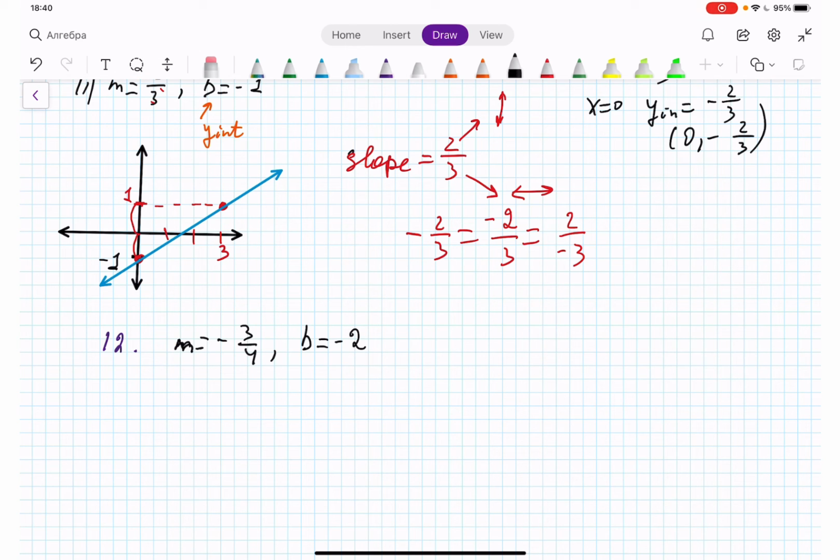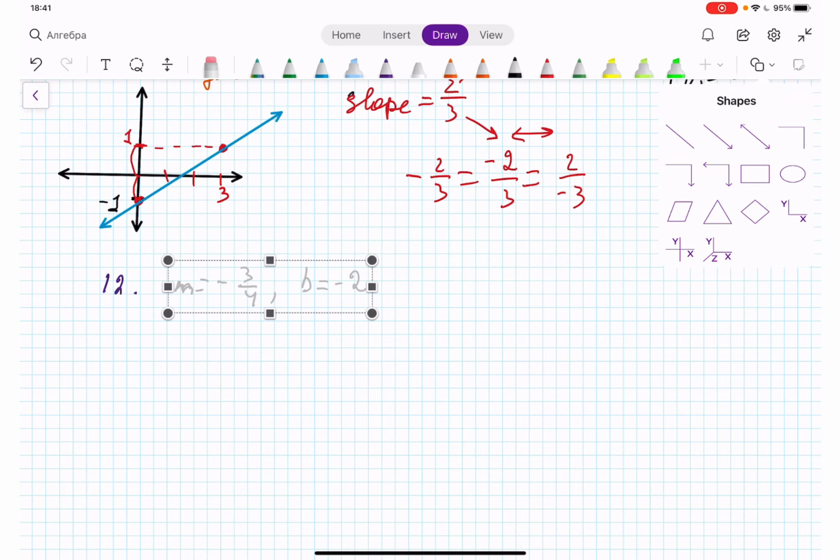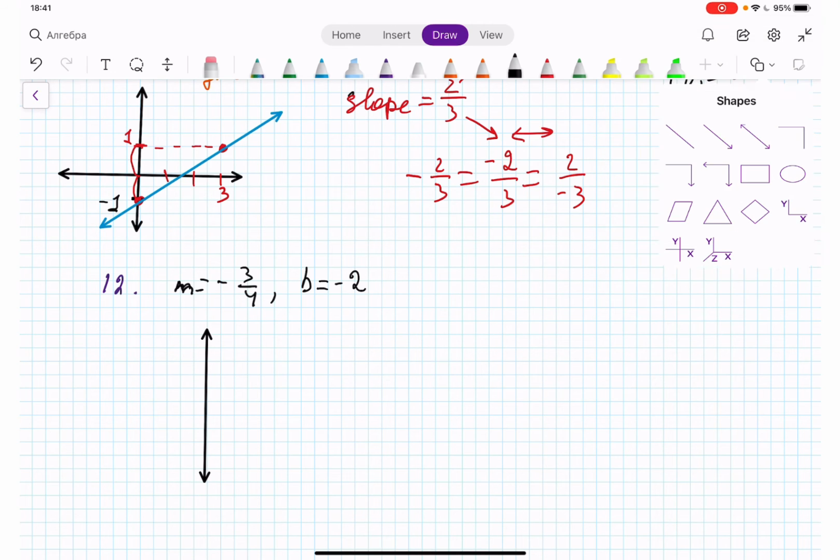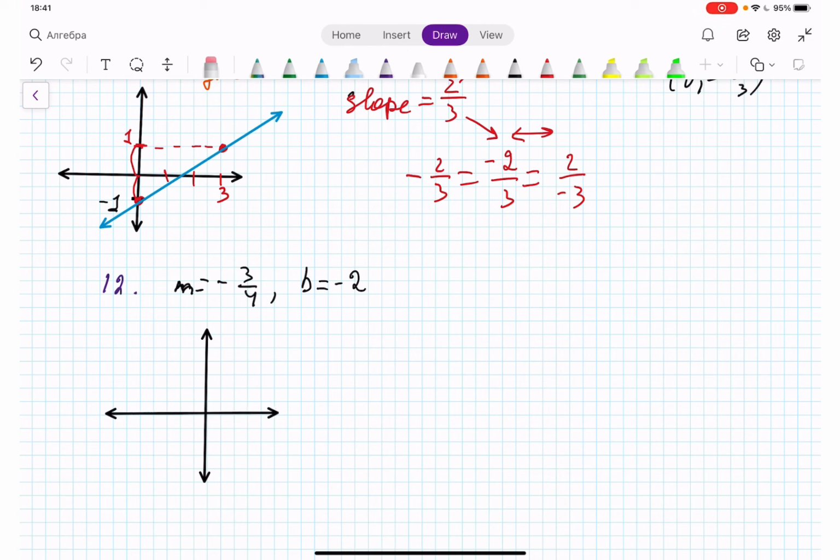Which means I'm graphing b is equal to negative 2, 1 and 2. One point is our intercept. The second point is going to be built via the slope, negative 3/4.